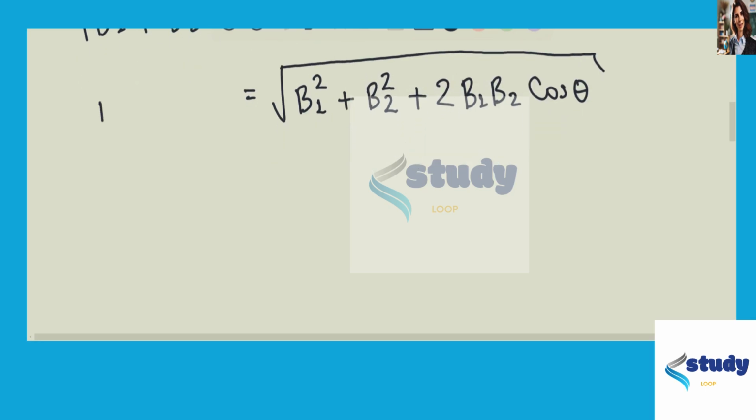Doing that, we simply substitute all the values that we know.